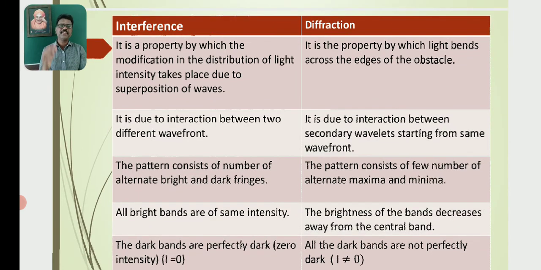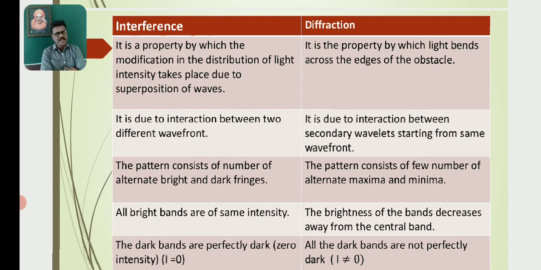So what are the differences between interference and diffraction? Interference is a property by which the modification in the distribution of light intensity takes place due to the superposition of waves. Diffraction is a property by which light bends across the edges of an obstacle. Interference is due to interaction between two different wavefronts.